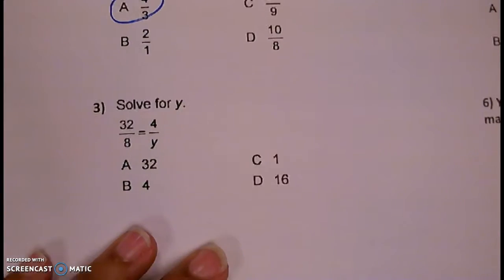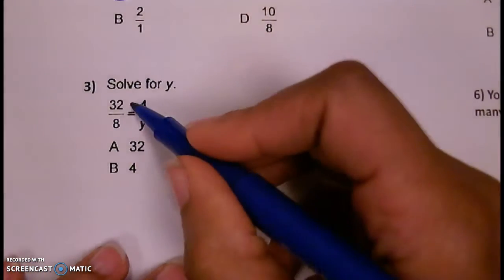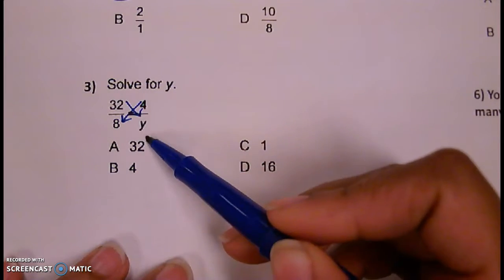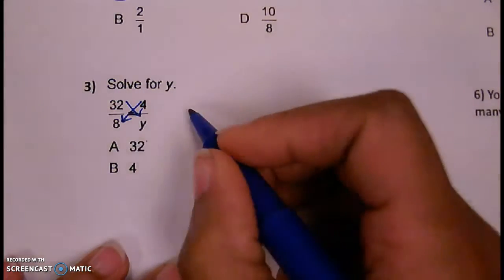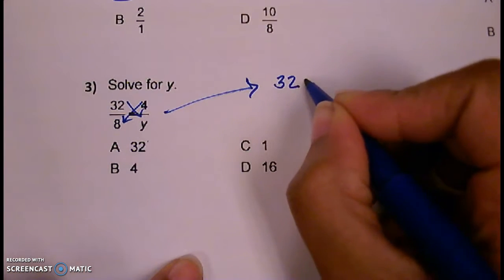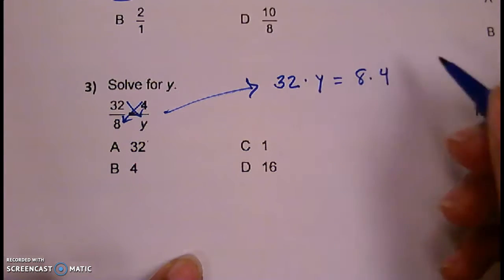Next, solve for y. Okay, I'm going to use the crisscross method. Now the crisscross method basically means we're multiplying the two corner numbers. So in order to set that up over here, that's going to give me 32 times y equals 8 times 4.